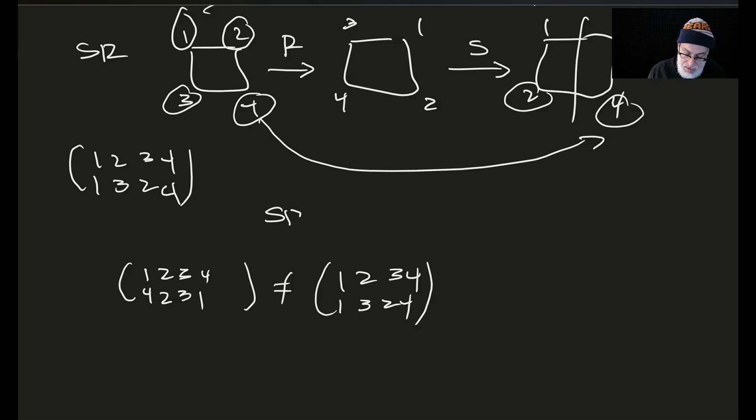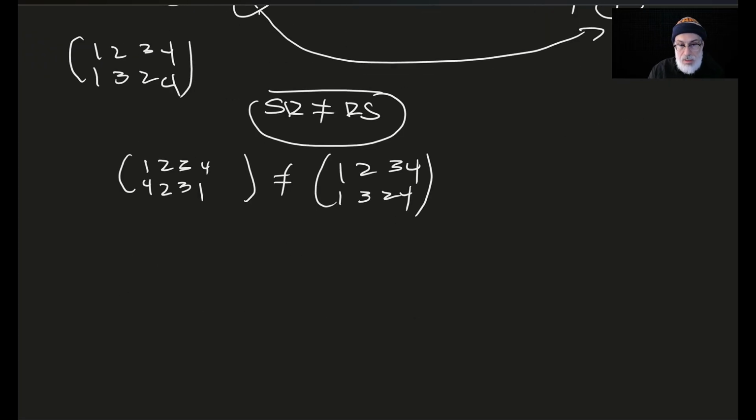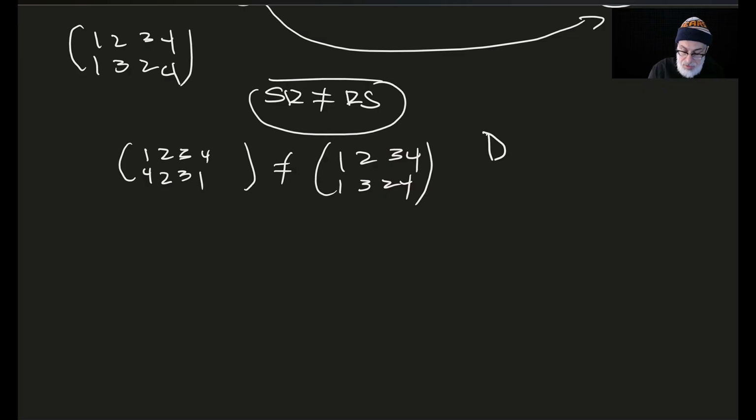So that means SR is not the same as RS. And that's it to show that this group, this dihedral group, is not abelian, because all elements must commute. So D8 is not abelian.